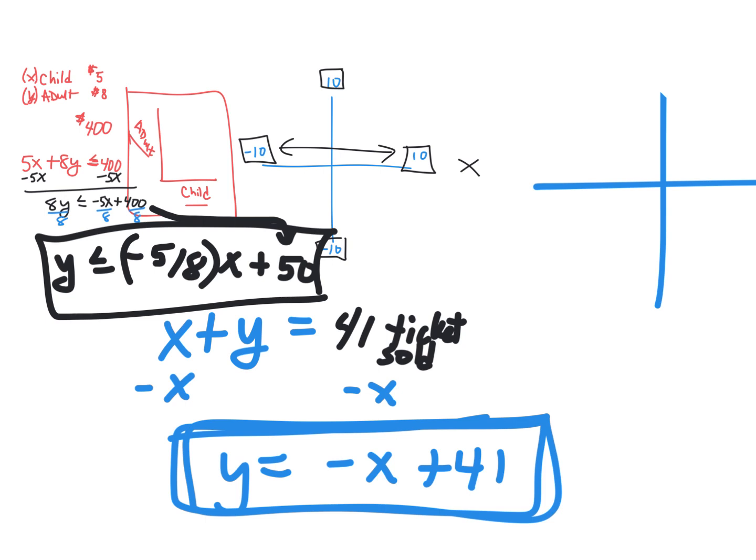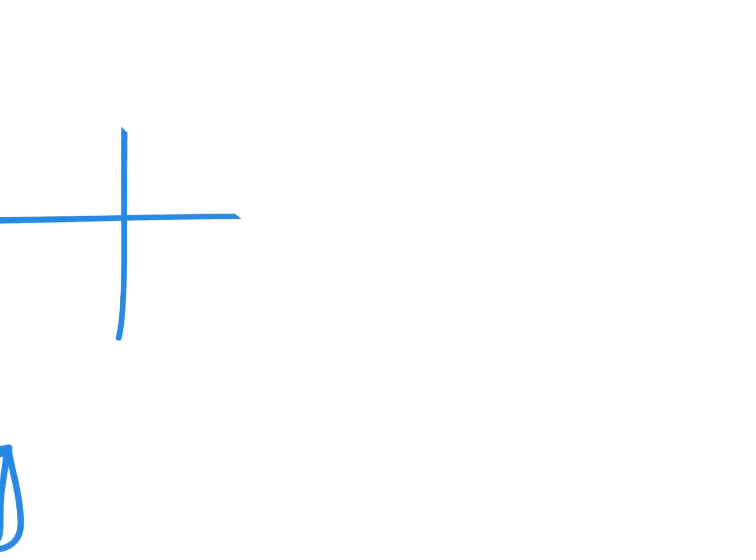You're using trace. No, okay, here's x plus y equals 45, right? You want to subtract x from both sides, and you get y equals negative x plus 40. All right, I was able to walk around and find out that almost everybody had it.